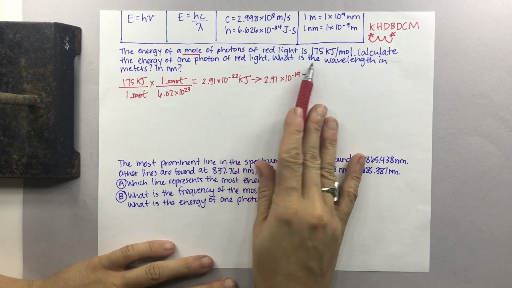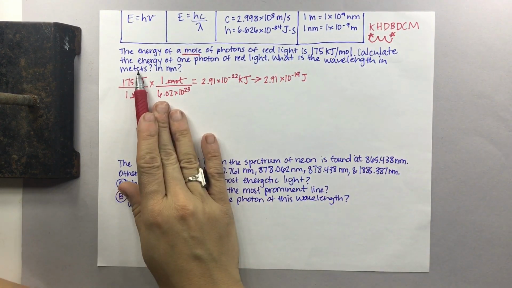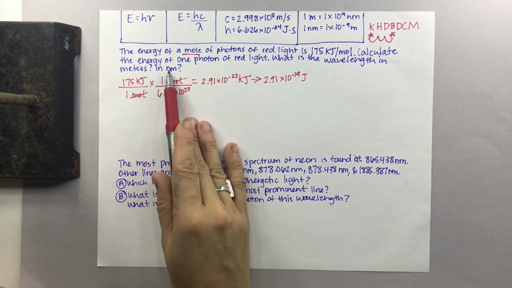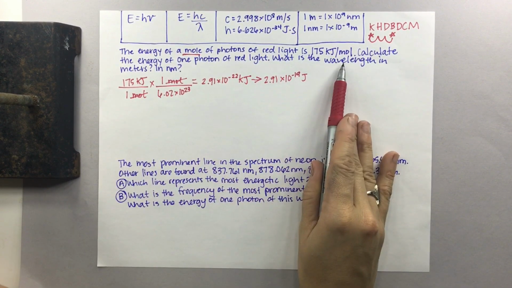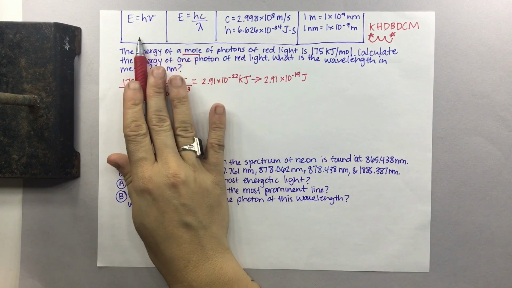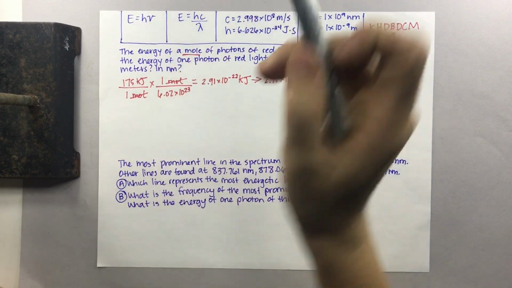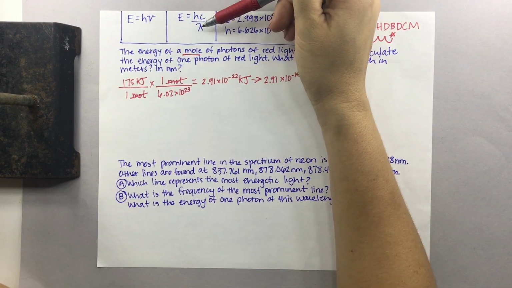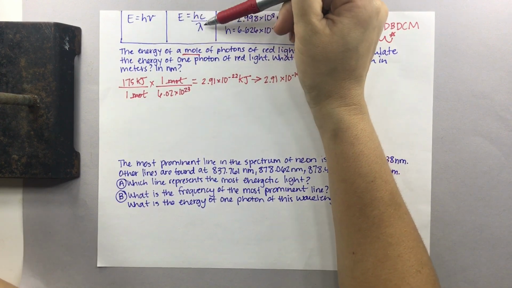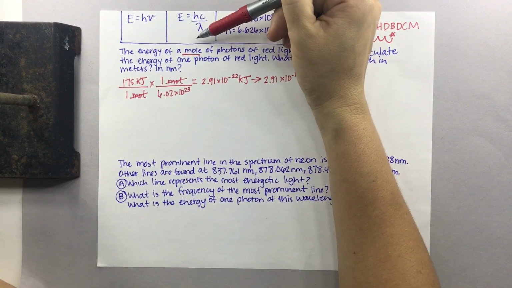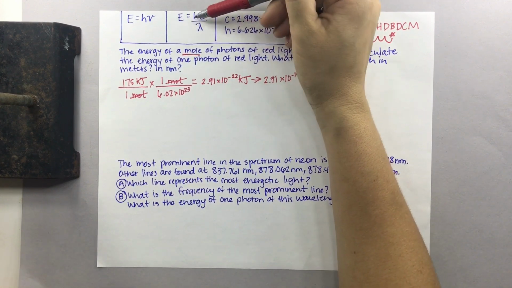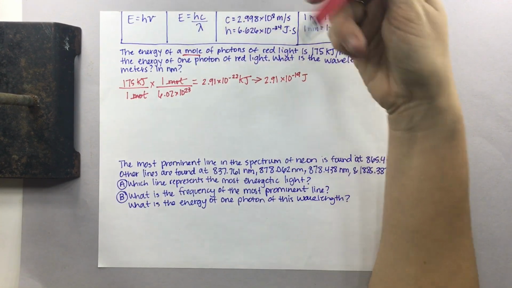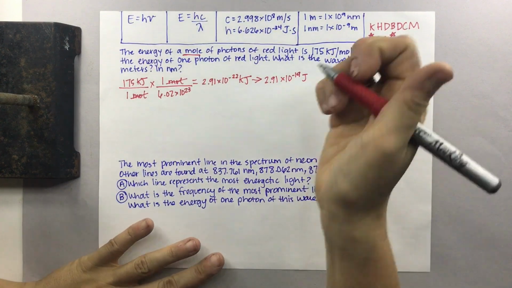Then it says, what is the wavelength in meters? And then it wants me to do another conversion and calculate nanometers. Because it's asked me for wavelength, let's look at these 2 equations. This one has wavelength as a variable, so I just need to manipulate this equation to position it in this spot.